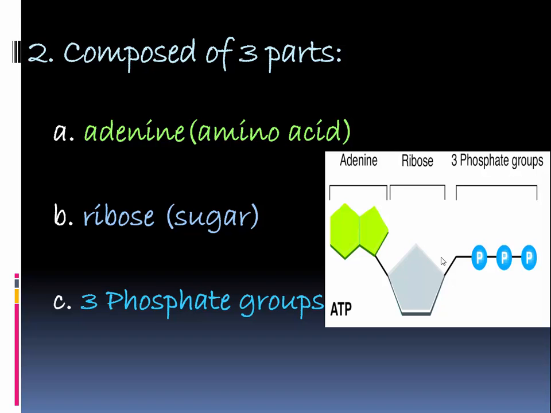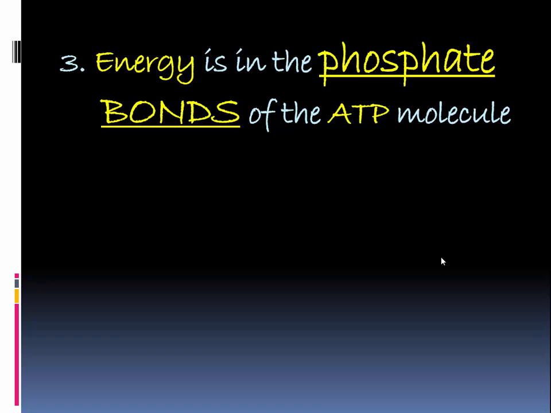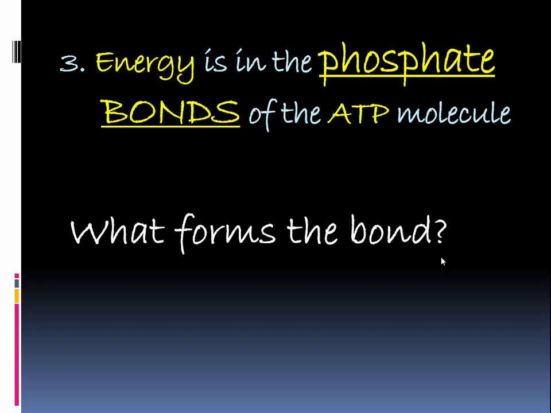And those phosphates are very important because energy is stored in that phosphate bond of that ATP molecule. When one of those phosphates is released, energy then is released that we can use to do biological work. Now, we're not going to get too crazy in terms of what forms bonds between the phosphate molecules, but there are things called electrons.